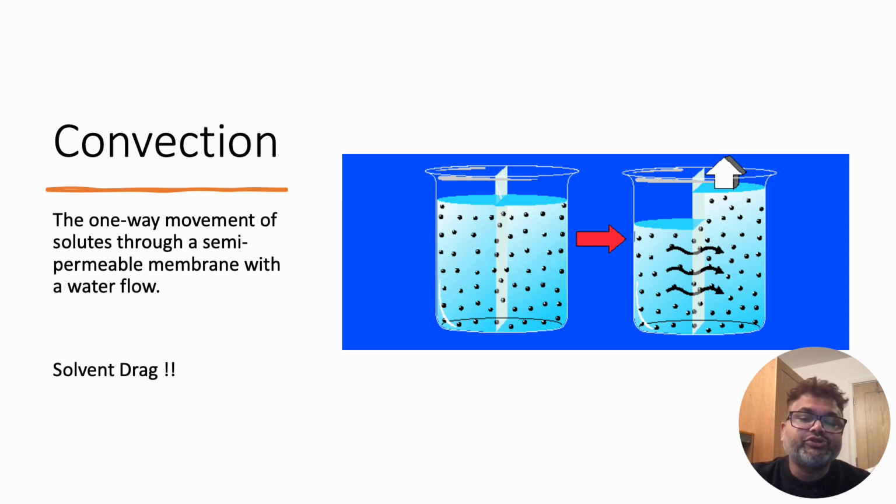So when we push fluid through a semi-permeable membrane, the fluid goes from one chamber to another chamber, but along with the solvent, solute also gets dragged with the solvent. That is called solvent drag, and that is the mechanism which is being used in the hemofiltration mode of our CRRT machine.